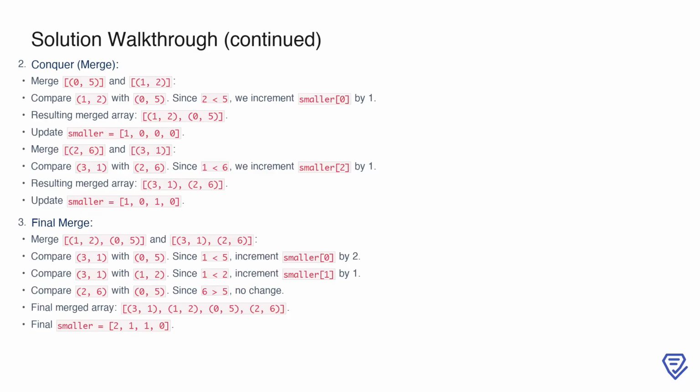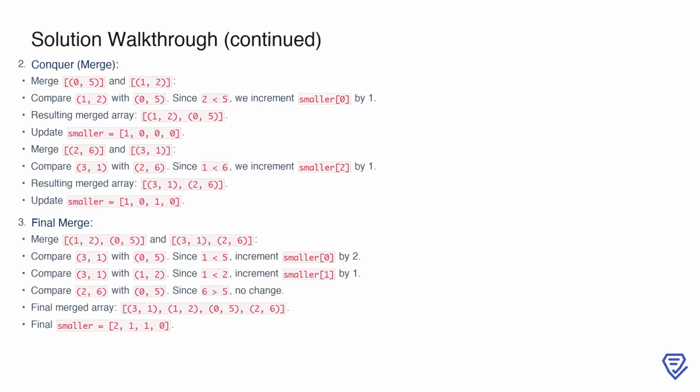Finally, we merge the two larger subarrays, (1, 2), (0, 5) and (3, 1), (2, 6). During this process, we compare each pair of elements. For instance, 1 is less than 5, so smaller[0] is incremented by 2, accounting for the two smaller numbers. Similarly, 1 is less than 2, so smaller[1] is incremented by 1.